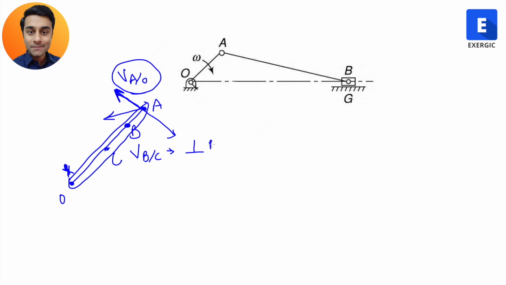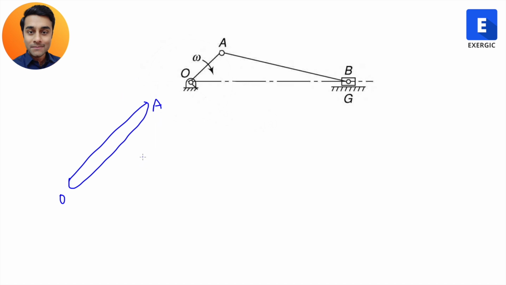Okay, now coming to the discussion, if OA is a member where you can only have the velocity of A with respect to O perpendicular to OA, then definitely the vector of that velocity will also align in that line, right? If OA is rotating like this, then A will try to move like this. This whole link will move like this.